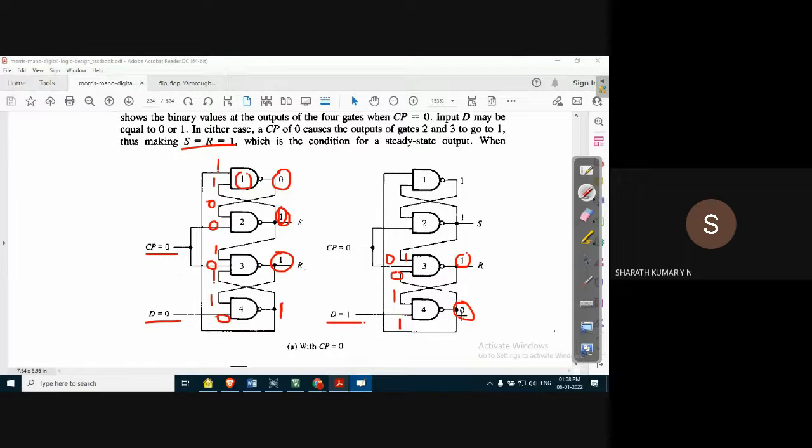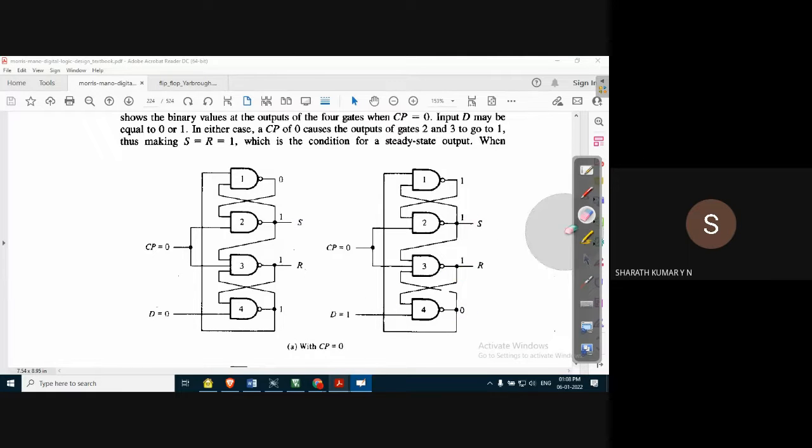The output of the fourth NAND gate, 0, is applied as input for the first NAND gate, so the output of the first NAND gate is 1. This input is now 1. Clock pulse is 0. S is 1. That means, guys, the input has changed, the clock pulse remains 0, and there is no change in S and R. S and R remain 1 and 1. This is one condition.